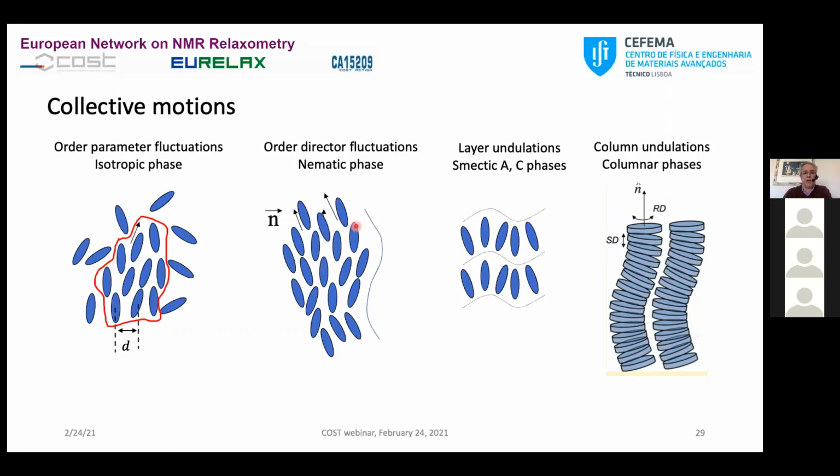We can have order director fluctuations in the nematic phase, but in the case of layered phases, because the molecules cannot stay in this interface between the layers, the number of fluctuation modes is restricted, so we are left with just layer undulations.